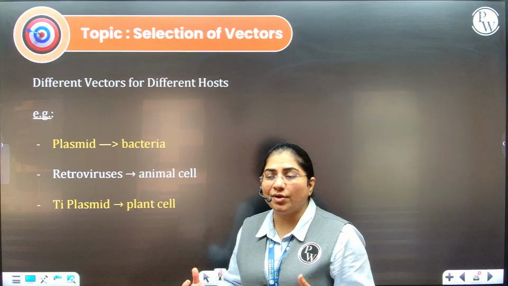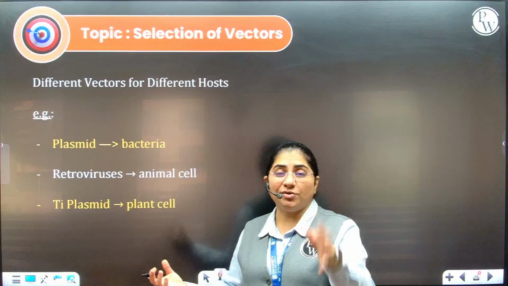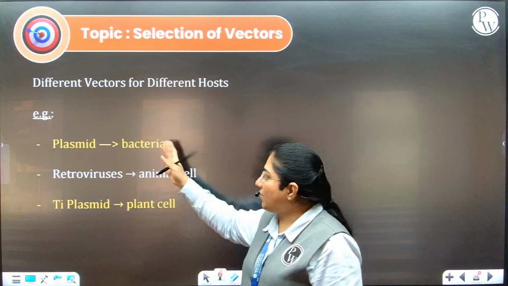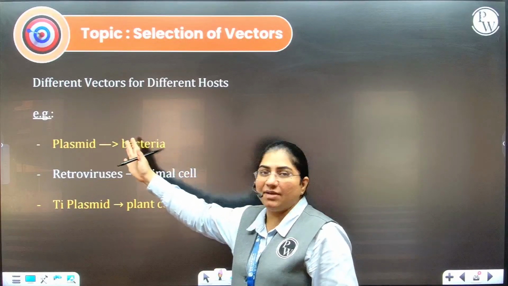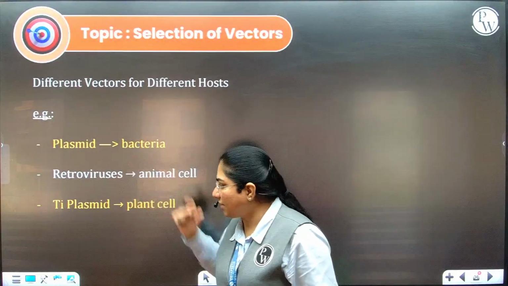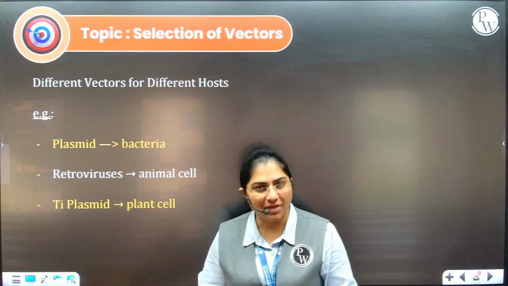If I am going to use a bacteria, I am not going to use a retrovirus. If I am going to use a plant, I am again not going to use a retrovirus. But if I am going to use a bacteria as my host, I will be using a plasmid. If I am using an animal cell as a host, I will be using a retrovirus. If I am using a plant cell as a host, I will be using the Ti plasmid.